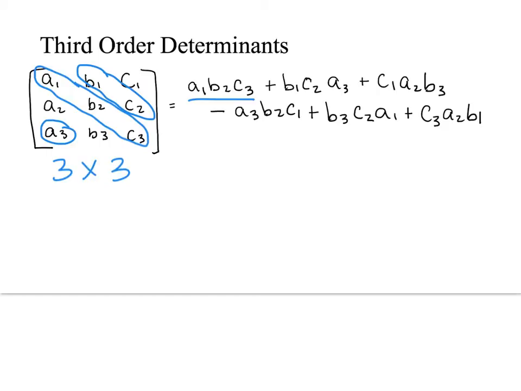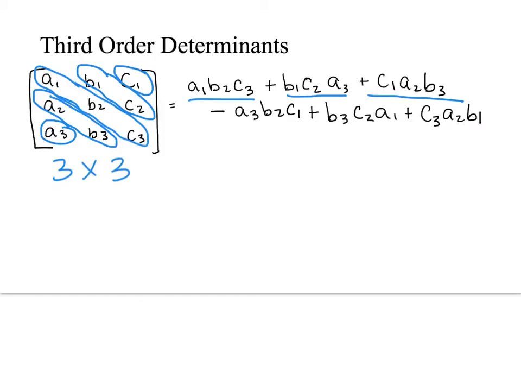So this diagonal wraps around and grabs A3. So our next product is going to come from B1 times C2 times A3. That's the second diagonal going down left to right. And then our third diagonal is going to be this C1 and include A2, B3. So there's all of our diagonals that are going left to right.